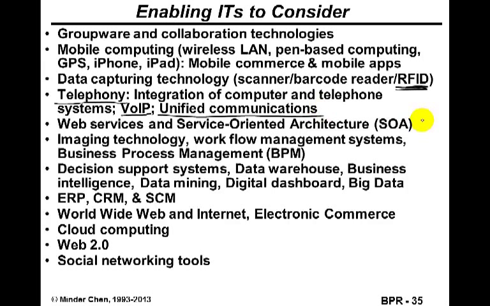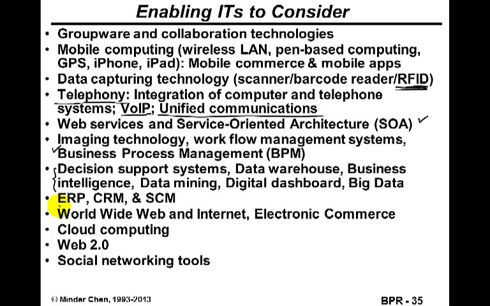Web services and service-oriented architecture allowed us to integrate various components remotely to offer better service. Imaging, workflow, and business process management software can also help us to streamline business process.